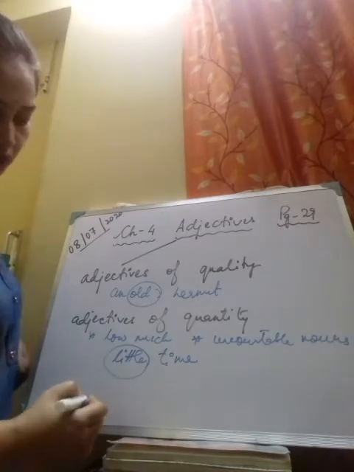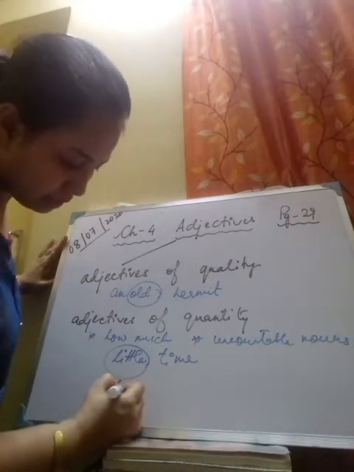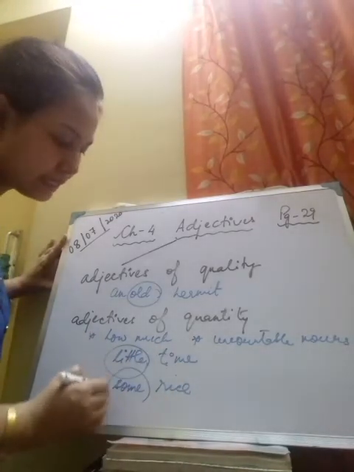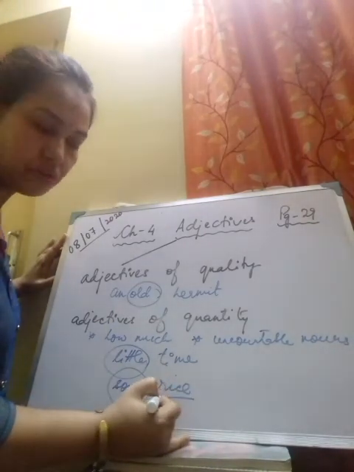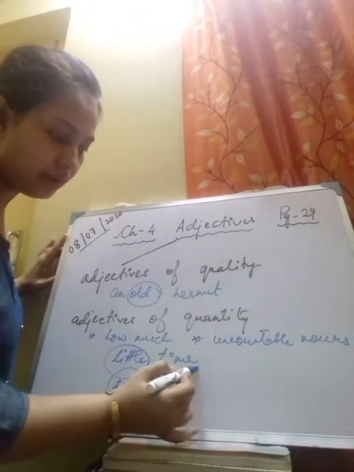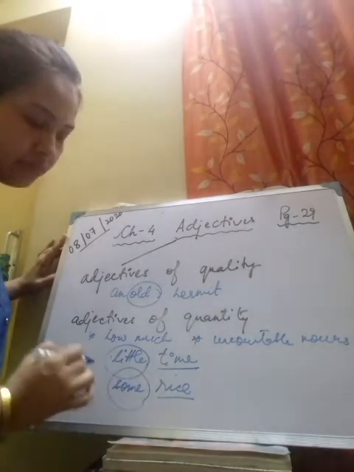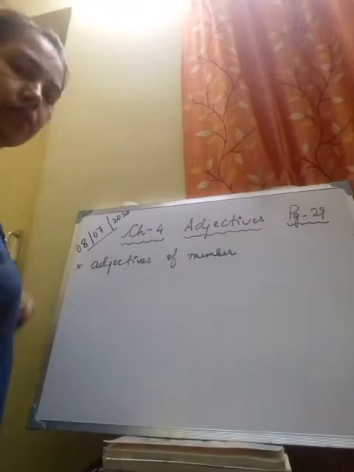Next, one more example. There is some rice left in the jar. Some is again used for the noun rice, which is uncountable. Time here is also uncountable. Therefore, these words little and some are used as adjectives of quantity.